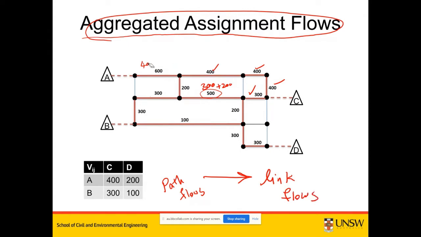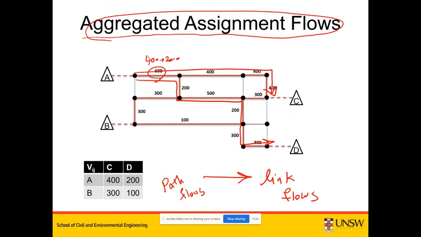So we knew 400 people are going from A to C, and we knew another 200 people are going from A to D, for example. So that 600 here comes from, as I said, 400 plus 200.